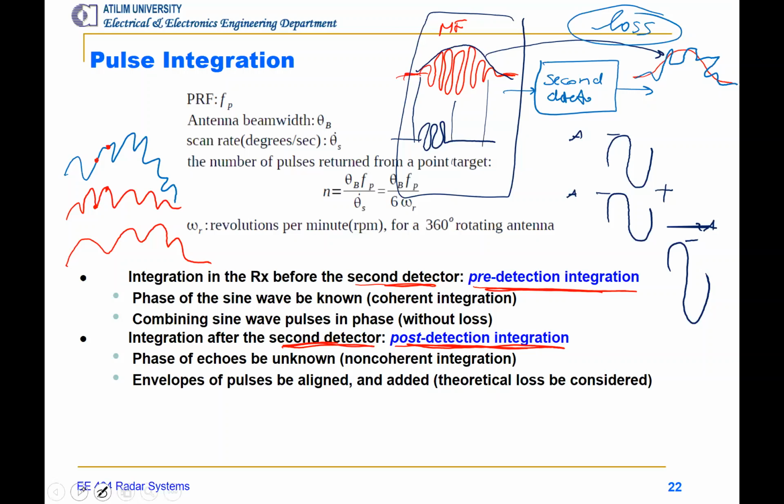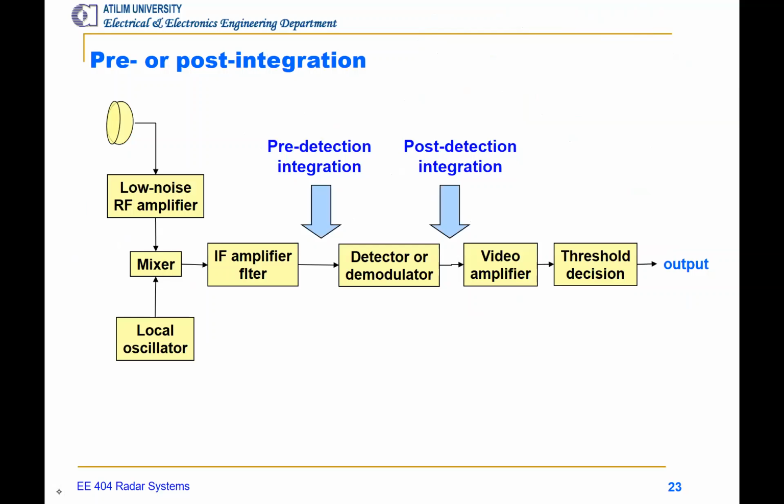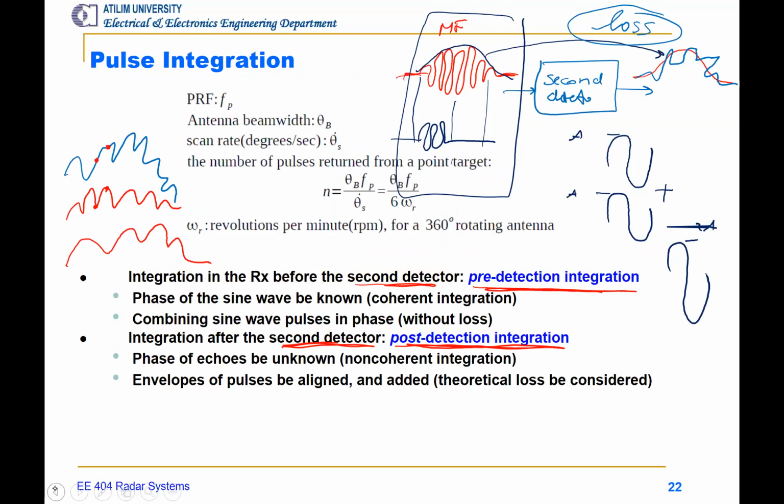So how can we do this mathematically? The number of pulses returned from a point target can be written in terms of PRF, antenna beam width, and scan rate. It can be given via this formula.